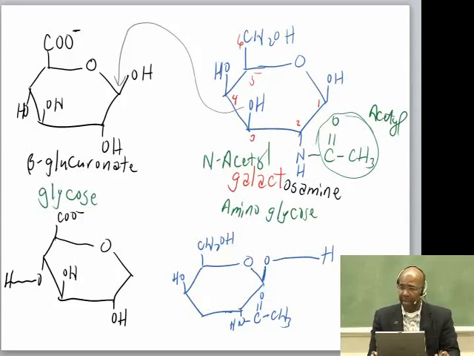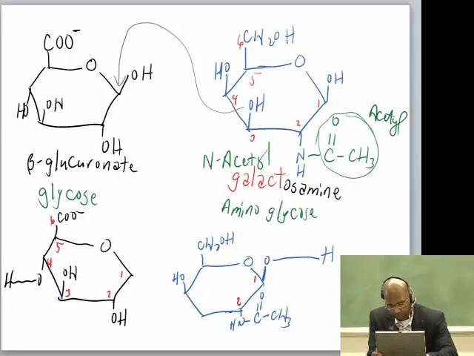Okay, now we're going to make the bond. The bond is going to be between the 1 on the left and the 3 on the right. 4, 5, and 6.